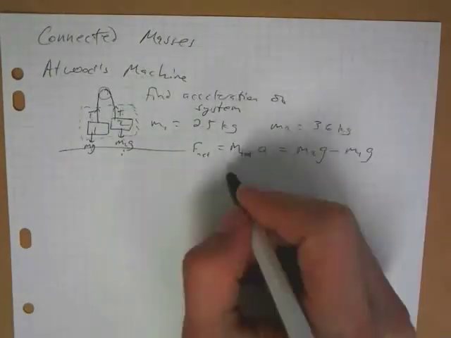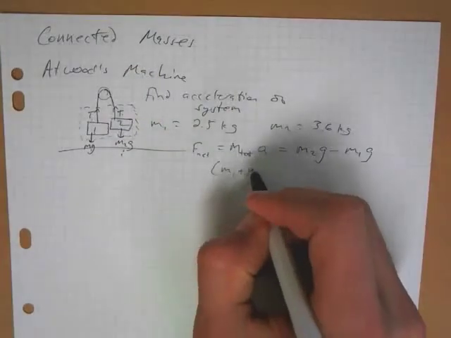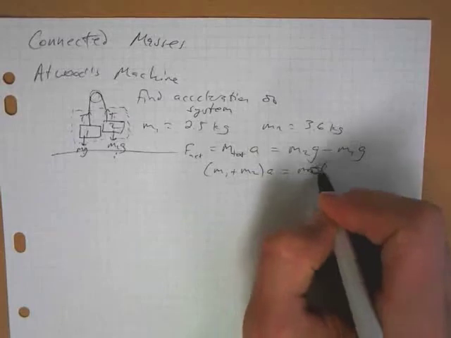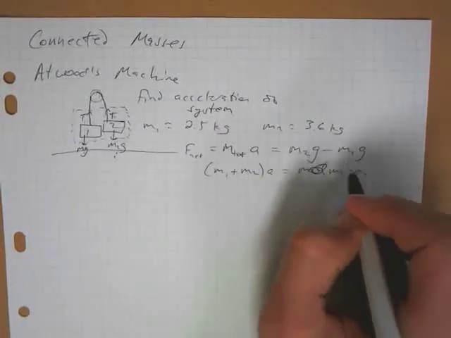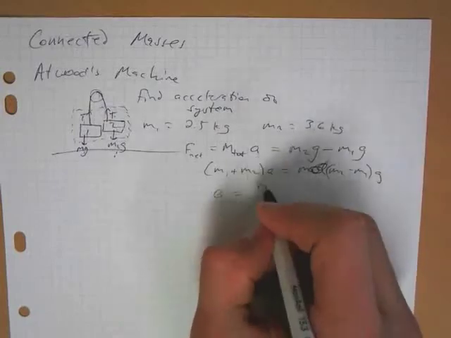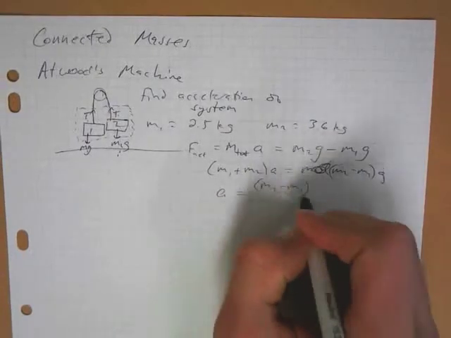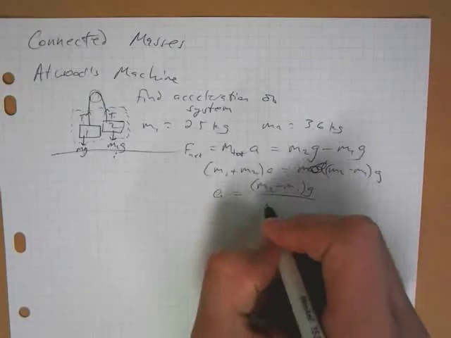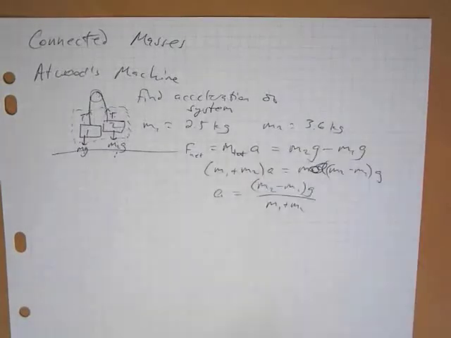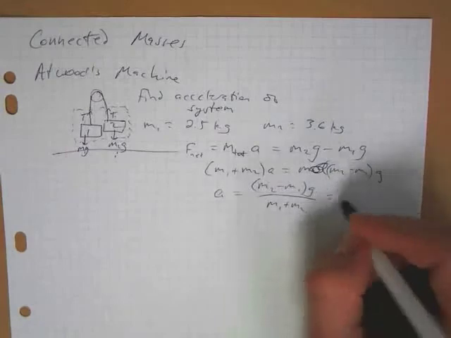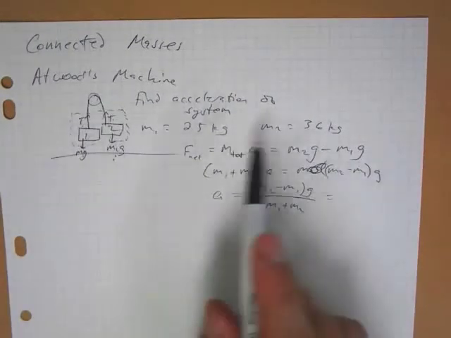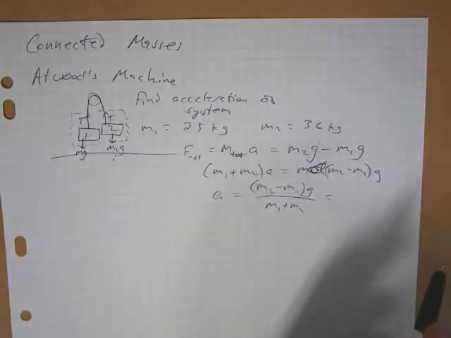Our total mass is just m1 plus m2. And so we wind up getting an acceleration of (m2 minus m1)g over (m1 plus m2). This is how an Atwood machine basically functions. But we need to consider all the forces acting on them and consider the system as a whole.